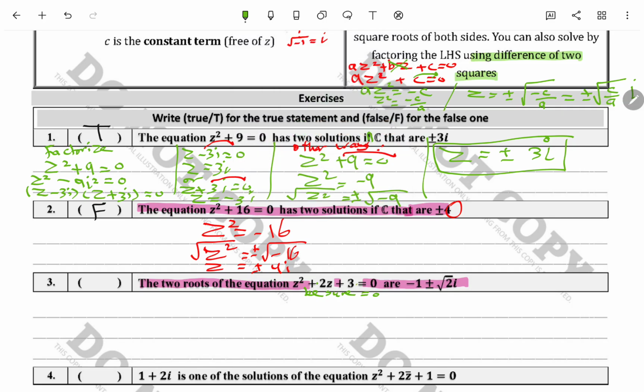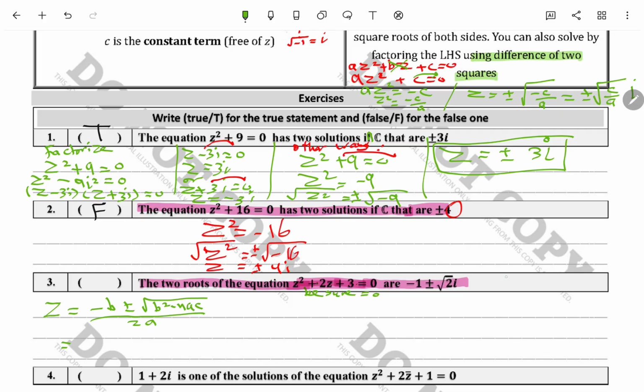So you are going to think about using the quadratic formula. This quadratic formula needs you to be sure about the delta. So z will be equal to negative b plus or minus square root of b squared minus 4ac, divided by 2a. How much are a, b and c?